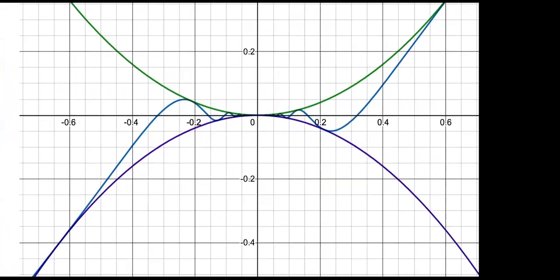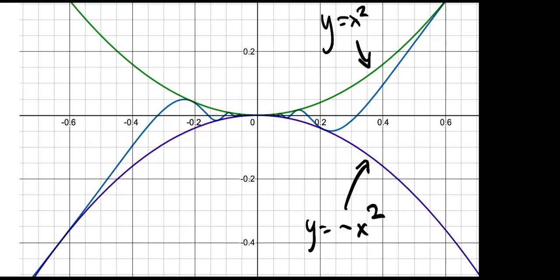I've got this green function and this purple function. This guy is y equals x squared, the green one. The purple function is y equals negative x squared. And then I've got this blue function that's bouncing around in between them. And the blue function is pretty weird, and it's going to be hard to work with.